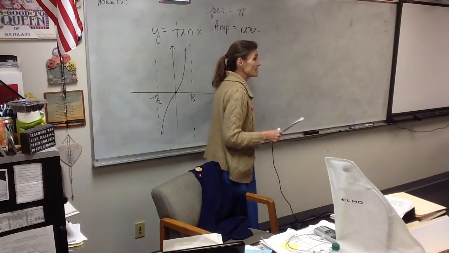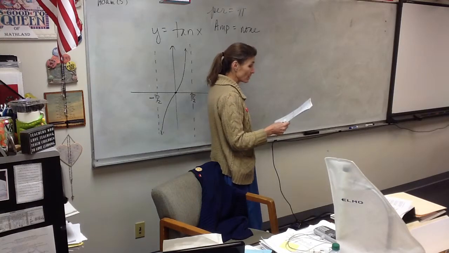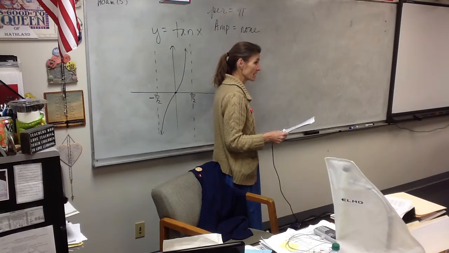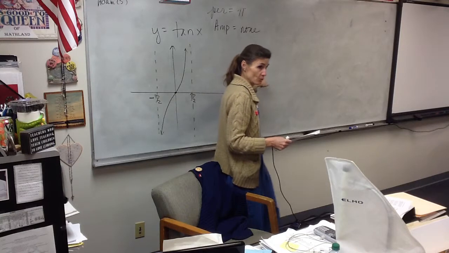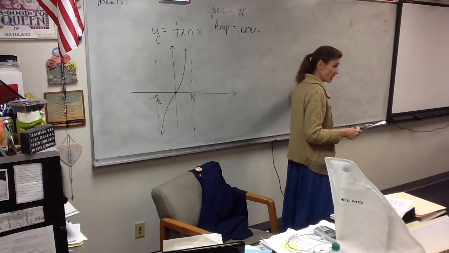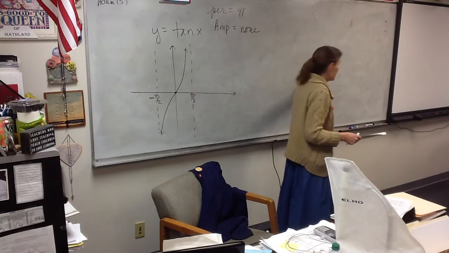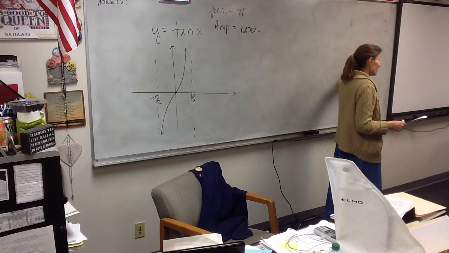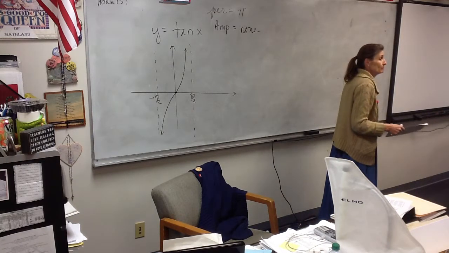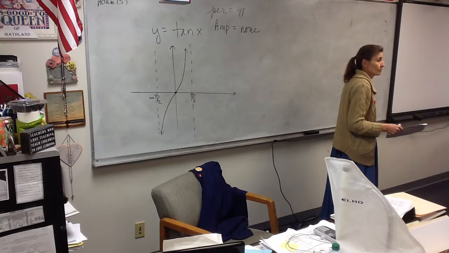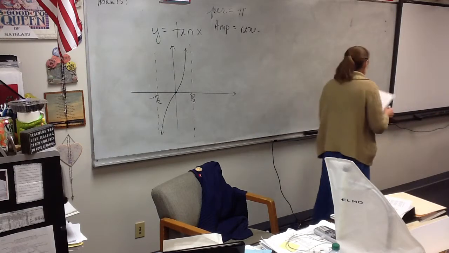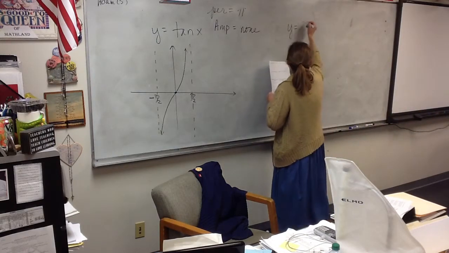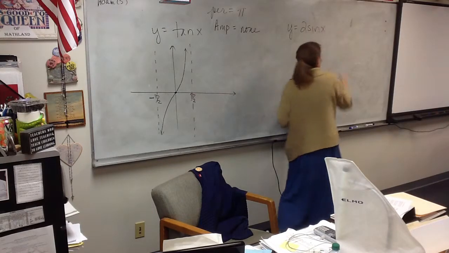For the sine, next to it, you should have written period 2 pi, amplitude 1. For the cosine, period 2 pi, amplitude 1. For the tangent, period pi, no amplitude.